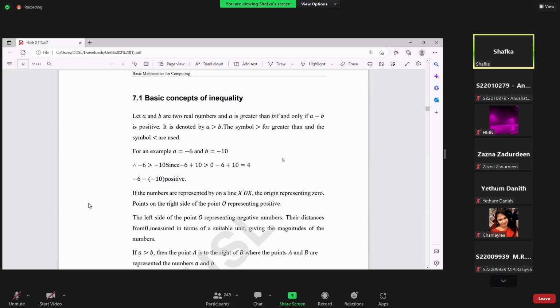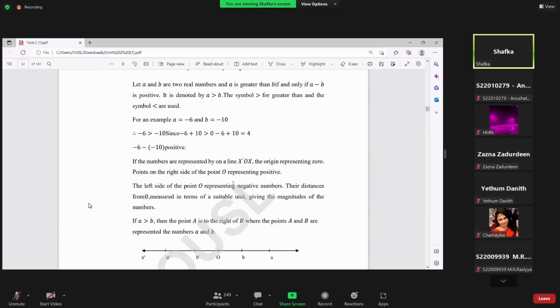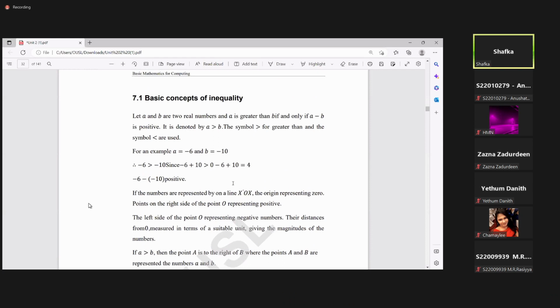Okay, let's see. If you have any two real numbers, A and B, we can write it either this way or this way or this way.